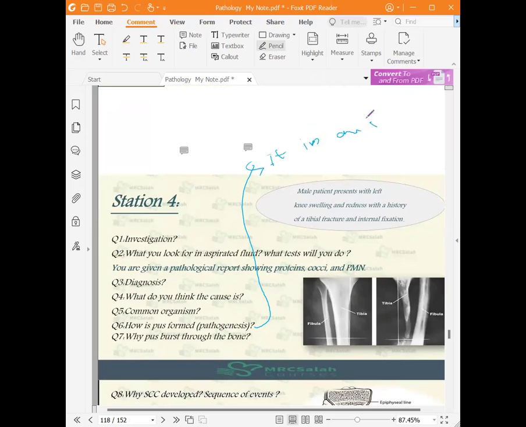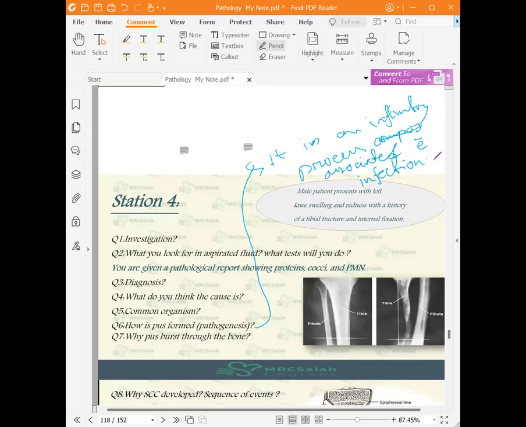It is an inflammatory process associated with infection. Yes.